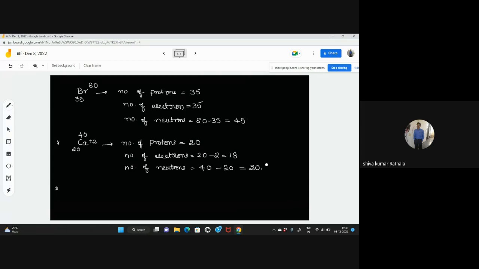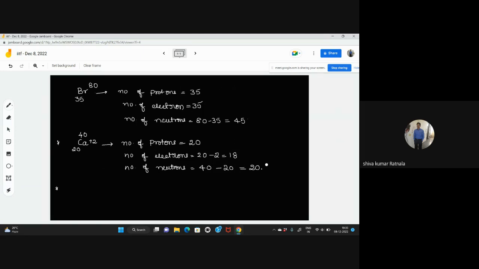In case of an ion, we need to see whether it is a cation or an anion. Cation means positively charged, and anion means negatively charged. A positive charge forms by losing electrons, and a negative charge forms by gaining electrons.